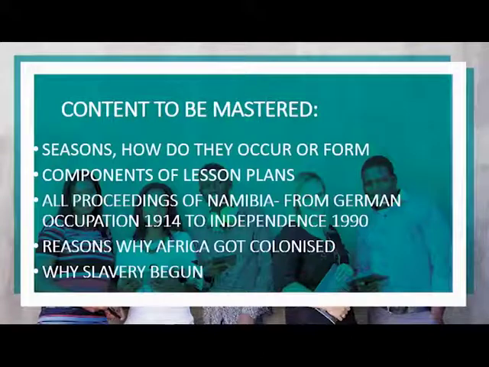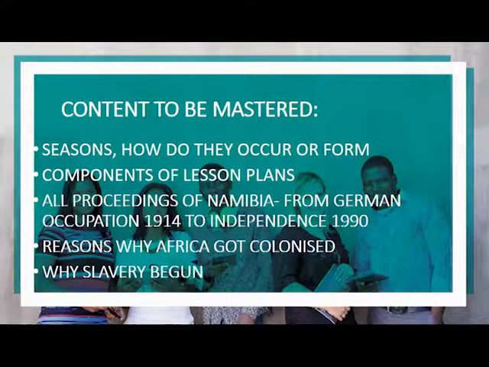Components of lesson plans. What are the components of a lesson plan? When you look at a lesson plan, what should it have? Obviously, the date, the grade, the year, the subject, the lesson objectives, the basic competencies, the introduction part, the teacher roles, the learner's roles, how the lesson will be consolidated, and the reinforcement and so forth.